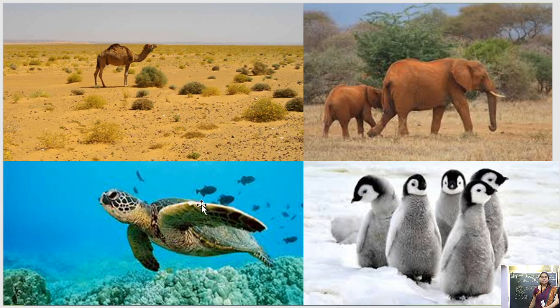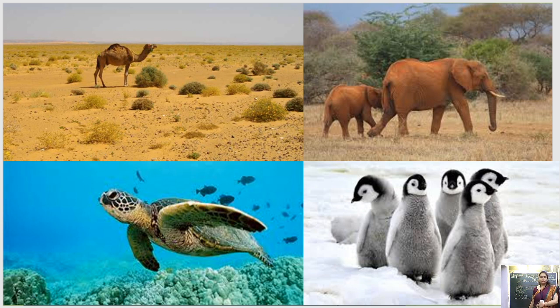Okay? This fish and tortoise, they have a streamlined shape of the body, like an aeroplane. So they have a different characteristic altogether. Okay, so the animals that live in different habitats have different body structures.